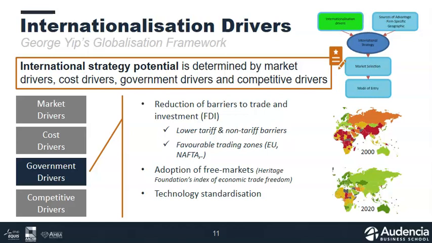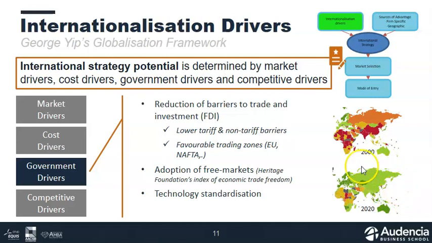We also see an increase in the adoption of free markets. A good indicator of this would be the Heritage Foundation's Index of Economic Trade Freedom. And on the top over here, you see the index for the year 2000. The green countries are where we see a lot of freedom of international trade, and the darker, the red countries are where trade is not as free.